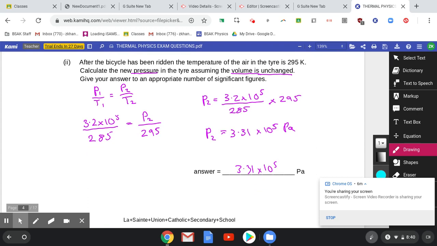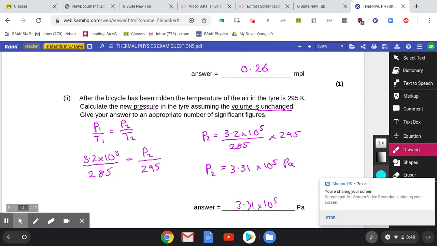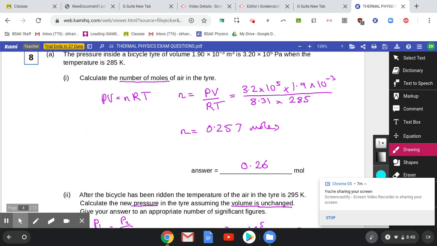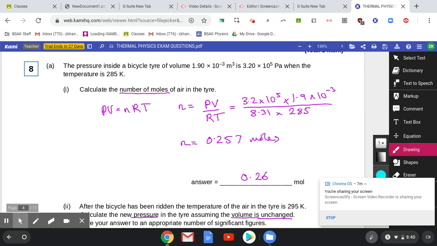Now, there are a number of ways sometimes to do these questions later on when we're comparing before and after. So calculate the new pressure in the tire, assuming that the volume is unchanged, and giving your answer to an appropriate number of significant figures. So it says, after the bike has been ridden, the temperature has increased to 295. The temperature before was 285.